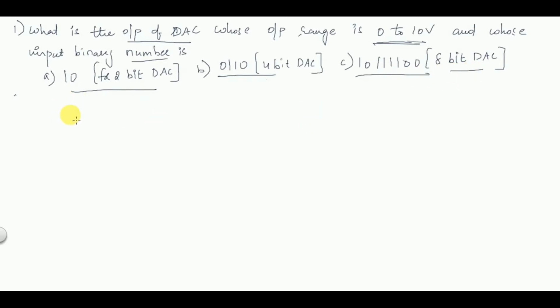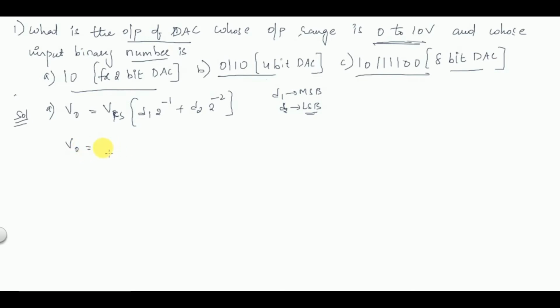Okay, so generally for the first problem A, what is the V0 formula? V0 is equal to VR, or VFS, we will take it as VFS, into D1 times 2 to the power of -1 plus D2 times 2 to the power of -2, where D1 is your MSB bit and D2 is the LSB bit, since you have only 2 bits in this case.